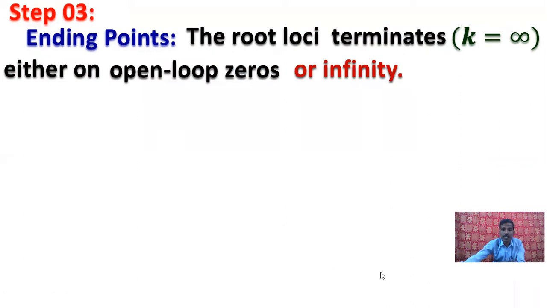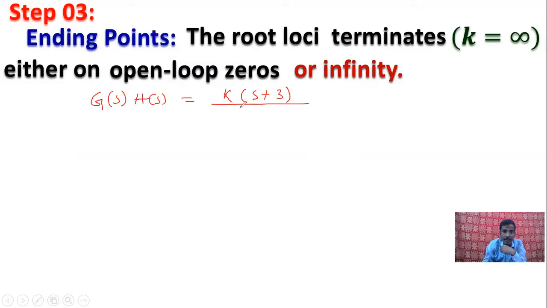Root locus ending point. Suppose our transfer function G of s, H of s equals k into s plus 3 over s plus 5.